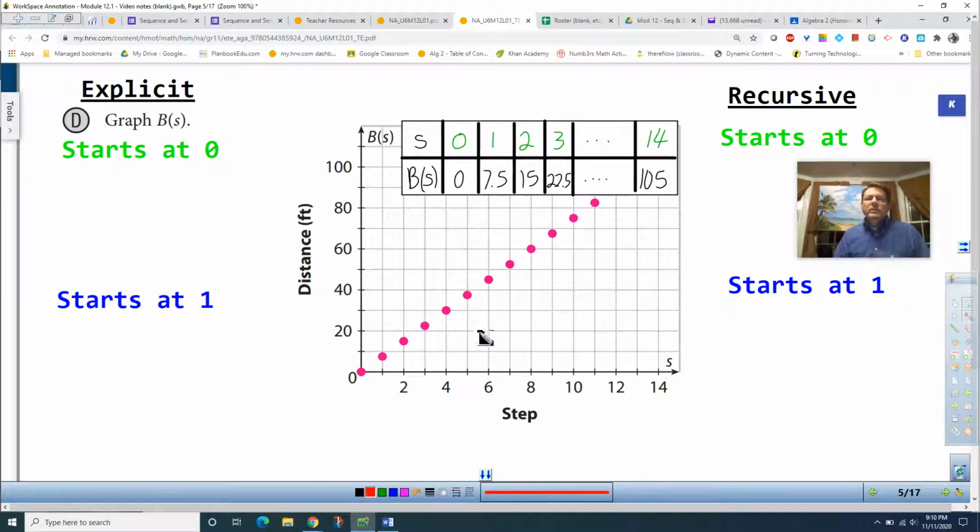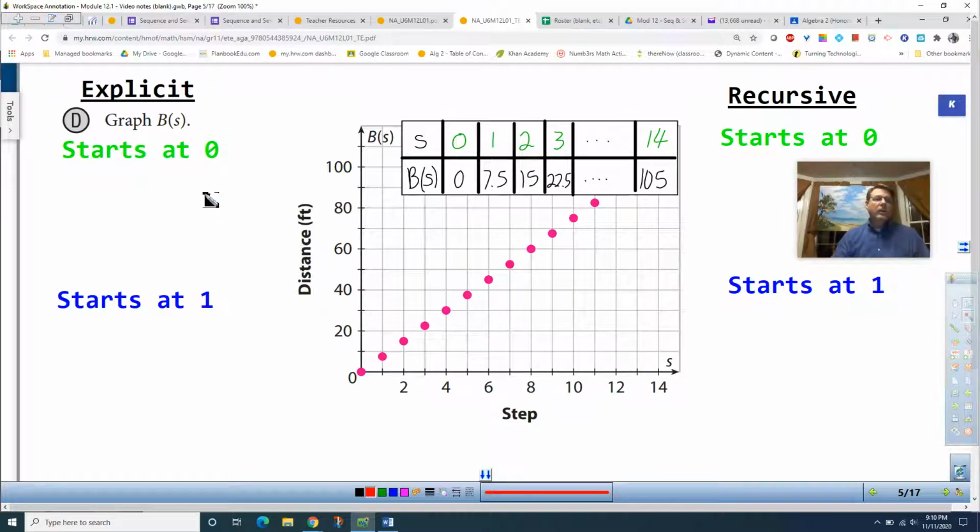All right, so what we're going to do here is take this scenario that we've got going and work on finding a generic rule using the explicit formula and a recursive formula. We're going to start off just like it does here, and then we're going to come back and pretend something a little bit different so we see how that changes.